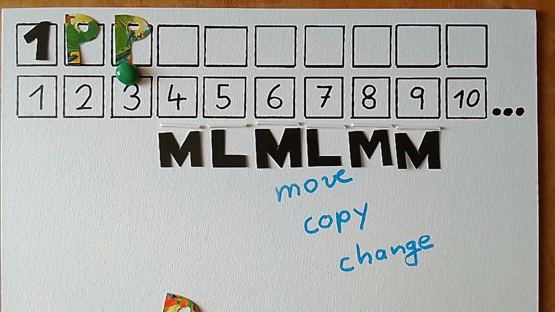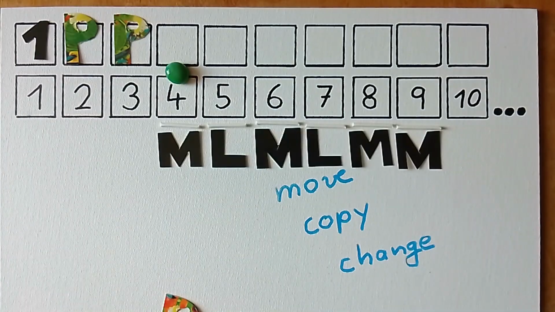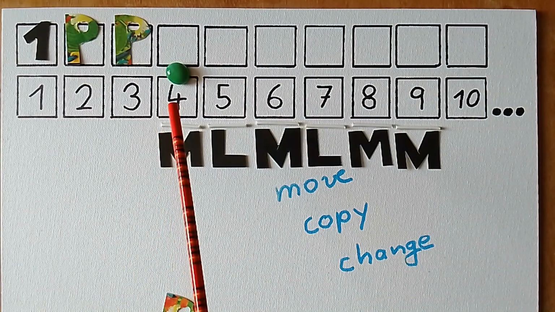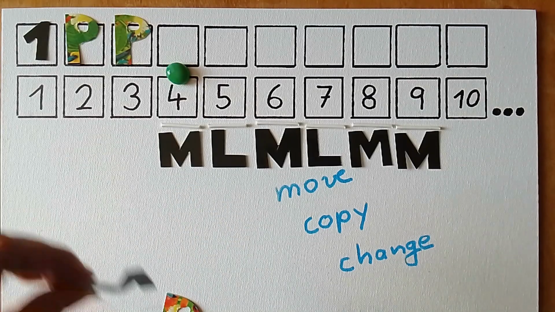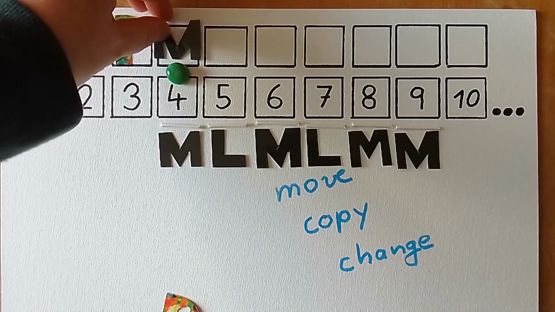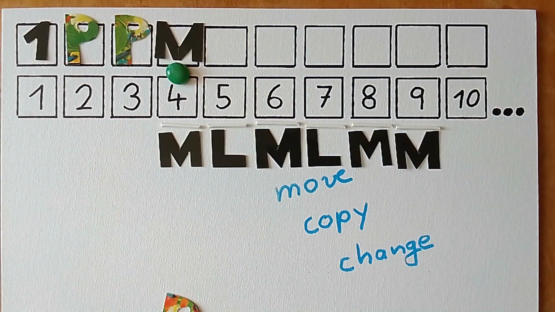Now, I put my game piece on 4. Oh, I look at the symbol, it's an M. So 4 is not a prime number, but a composite. It's a multiple. Then I have to do fractal process move.